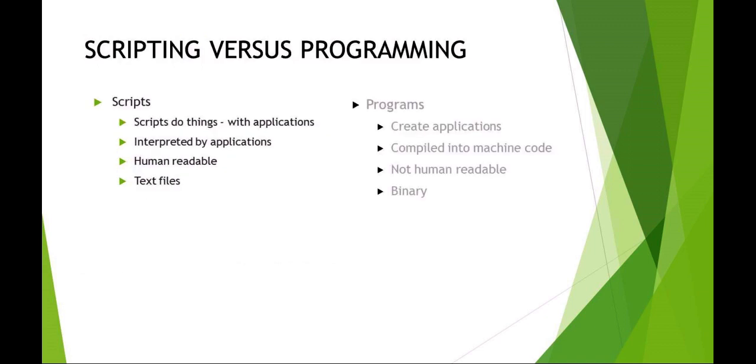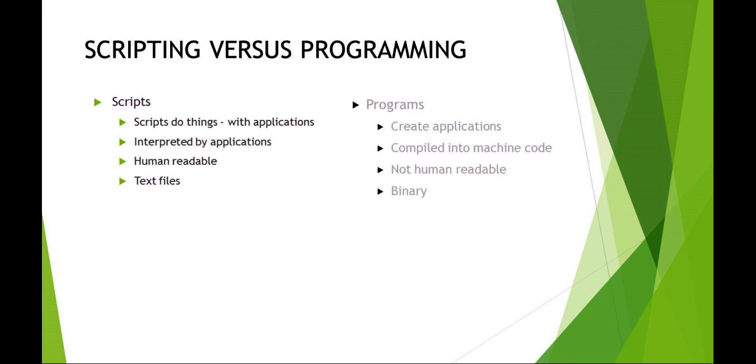So what's the difference between scripting and programming? Well, scripts usually do things with other applications, not the applications themselves. A script is interpreted by an application. You're not compiling a new application.